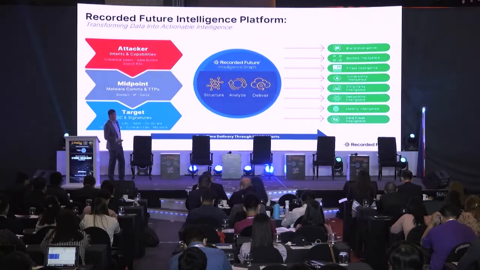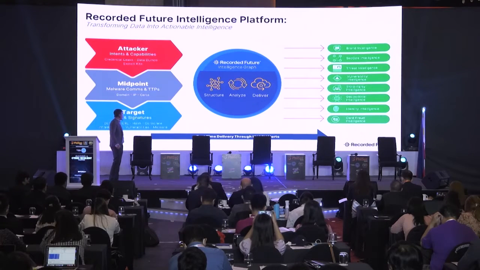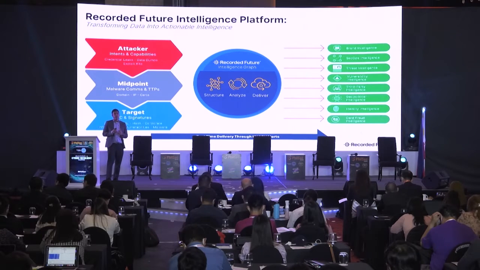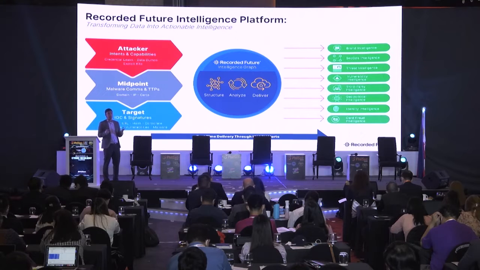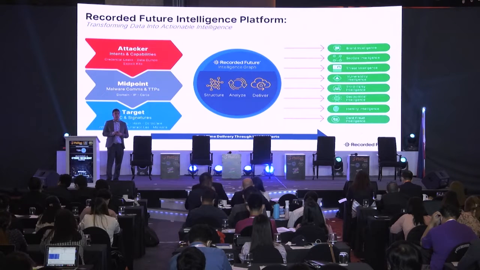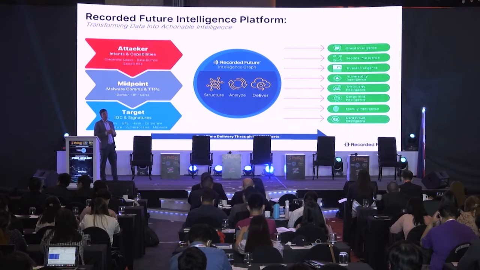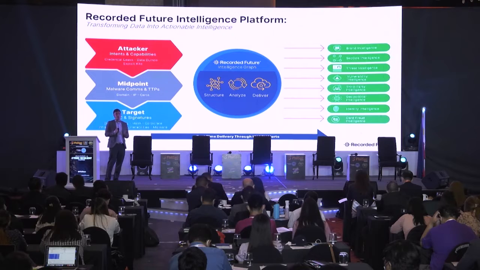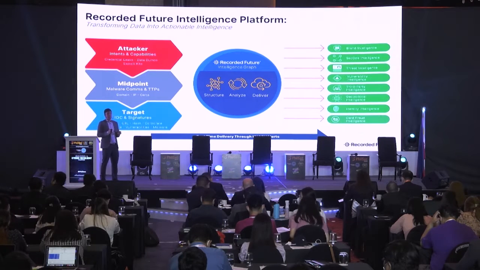Moving on to the technology itself, Recorded Future collects data from different breeds of sources, with 1 million plus sources coming from open sources, the dark or closed sources, and technical sources.